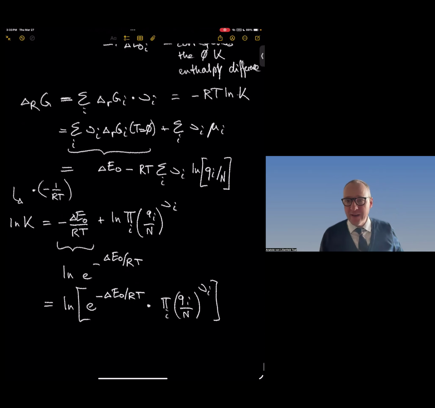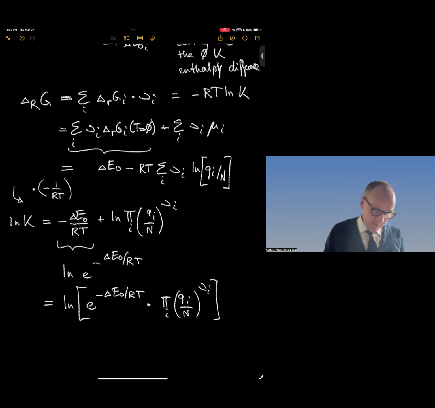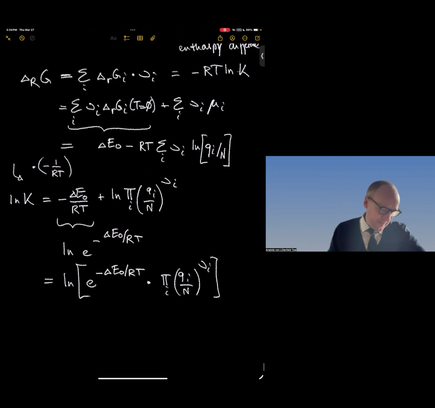And also on the left, I have the logarithm of K. So I raise everything to Euler's number as a power, and then I get my equilibrium constant to be e to the minus delta E0 over RT times product over I of Q I over N, to the nu I.